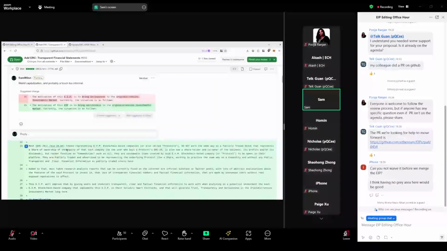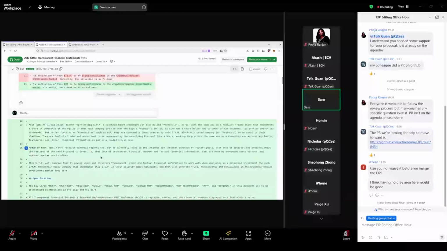Most ERC20 tokens represent a share of its protocol, and the token functions like commodities such as oil; they are publicly traded and advertised without any public financial data. Most token research and analytics reports can currently be found on the internet or in Substack or Twitter posts. Okay, the EIP will improve that by giving users and investors transparent, clear, and factual financial information.